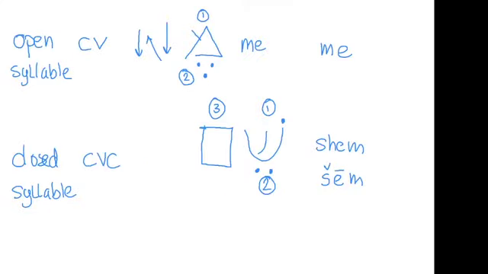Open and closed syllables. Open, a consonant and a vowel. An example is me. And a closed syllable, CVC, consonant, vowel, consonant. Shem, it's like this, the shin, the tzere, and the mem.